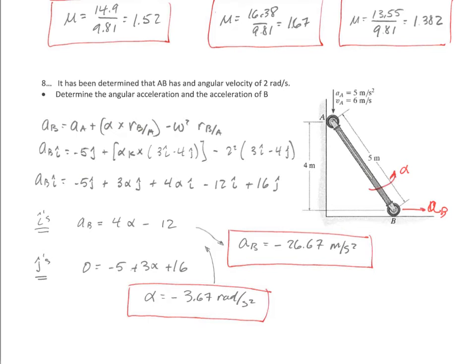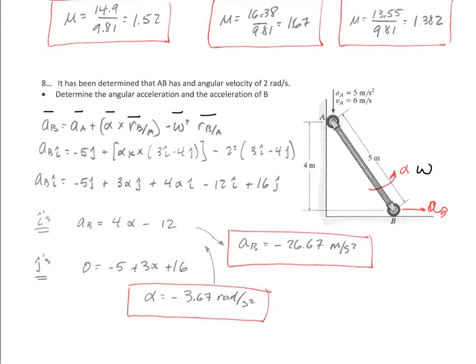Now I didn't put these on here, but these are all vectors, so you need to bear in mind that they all have i and j components. And I gave you the angular speed, omega, which I didn't actually put on here, so let's just put omega there.